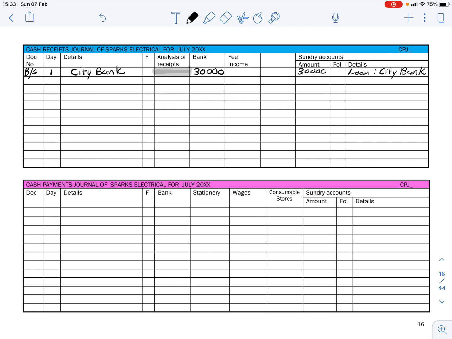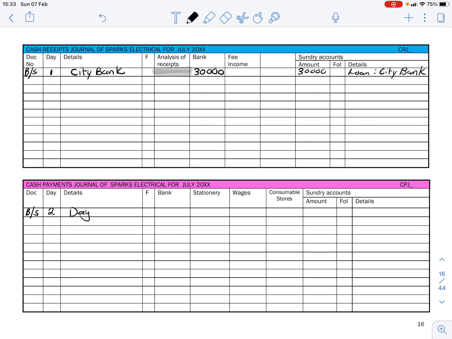The second transaction takes place on the 2nd, where we pay Dyer Equipment for the purchase of new equipment. Now, because we are paying, we use the CPJ. Remember, there's no such thing as cash cheques anymore, so we have a bank statement.